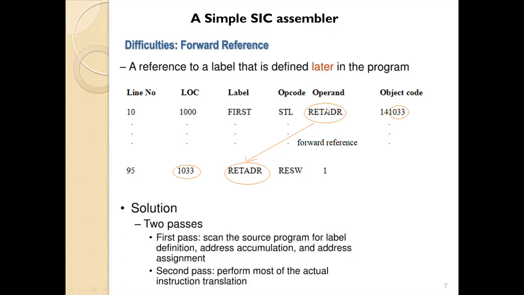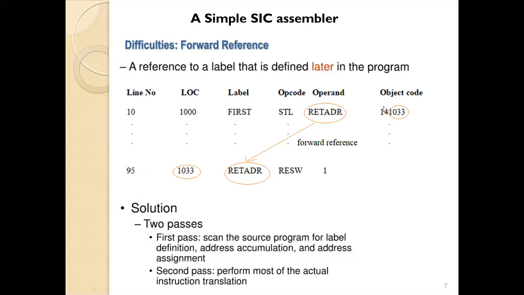But we do not know the address assigned to RETADR, which is 1033, because the machine address for this symbol is defined at line number 95. When the assembler is processing line number 10, it is unable to get this value because the value of RETADR is defined later in the program. So this creates a forward reference.